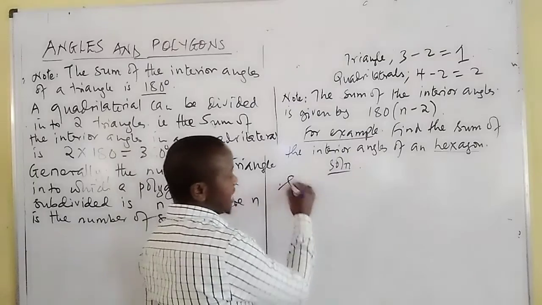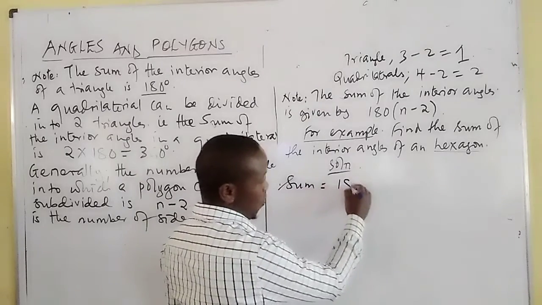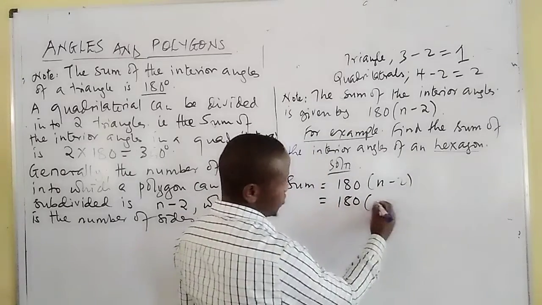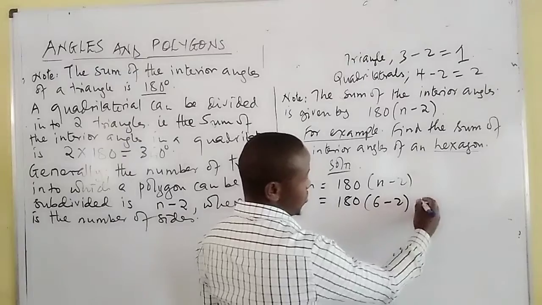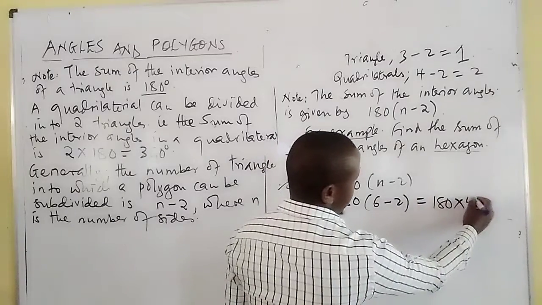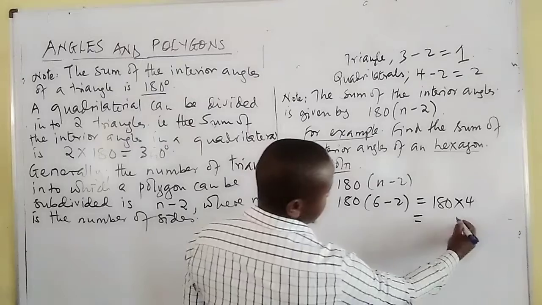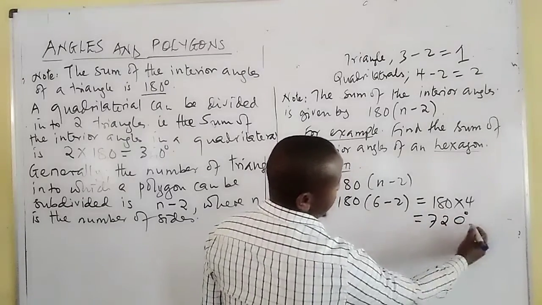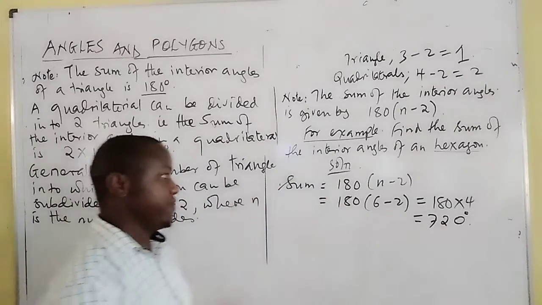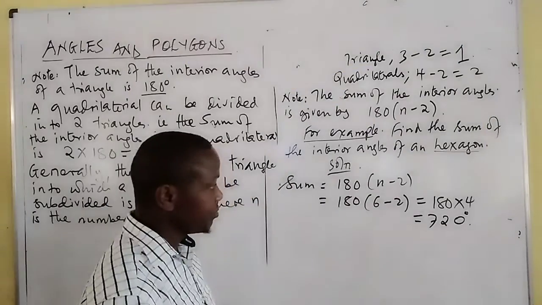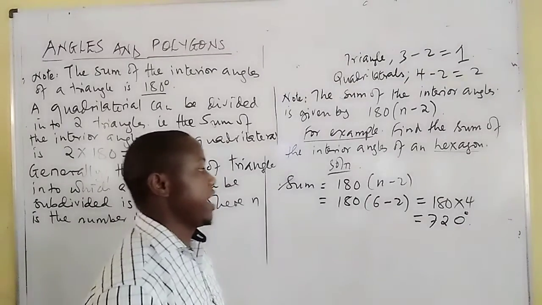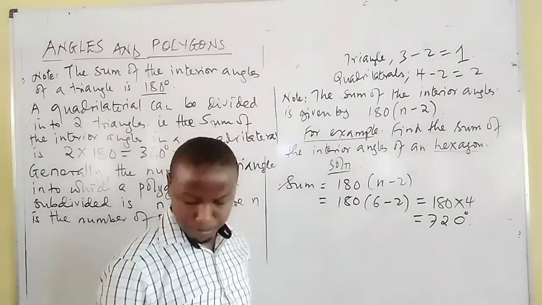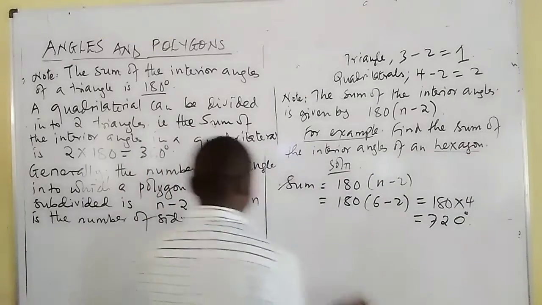Therefore, the sum is given by 180 into n minus 2. Therefore, 180 multiplied by 6 sides minus 2. So we'll get 180 by 4, and this will give us 720 degrees. Therefore, the interior angles of a hexagon give us 720 degrees.